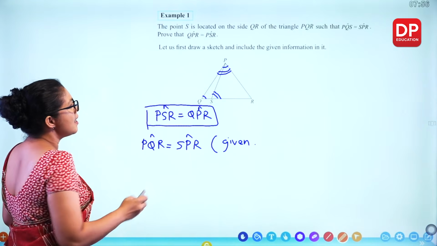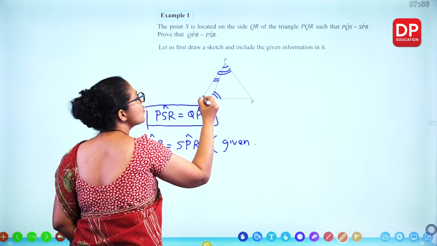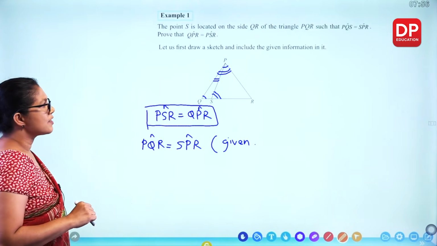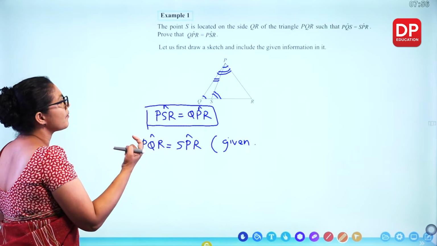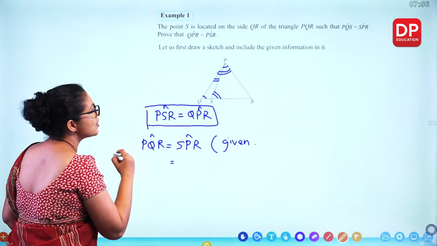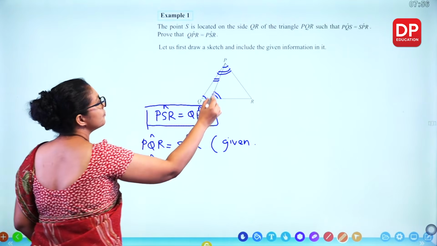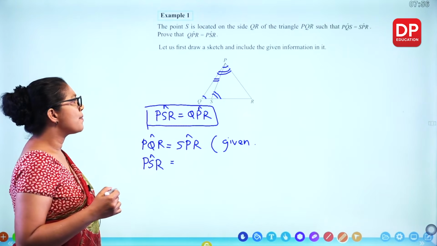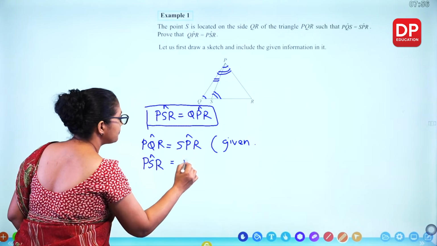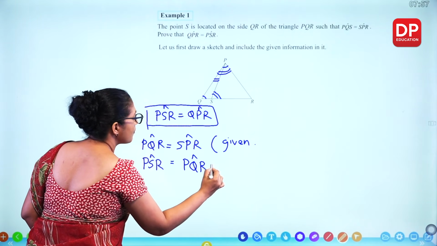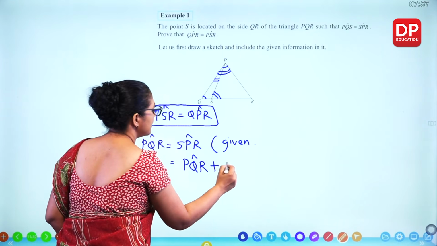So here, I know these two add up to this angle. What can I write instead of PSR? PSR is equal to the sum of interior opposite angles. I can write PQR plus QPS.